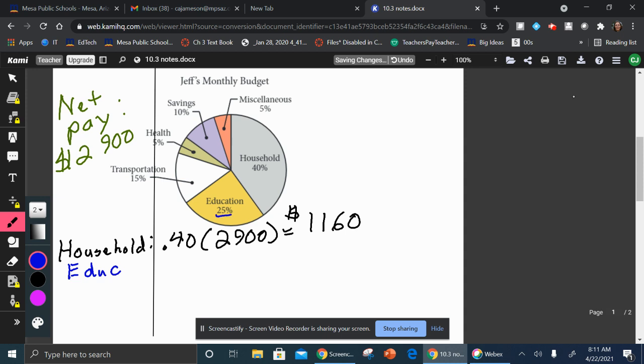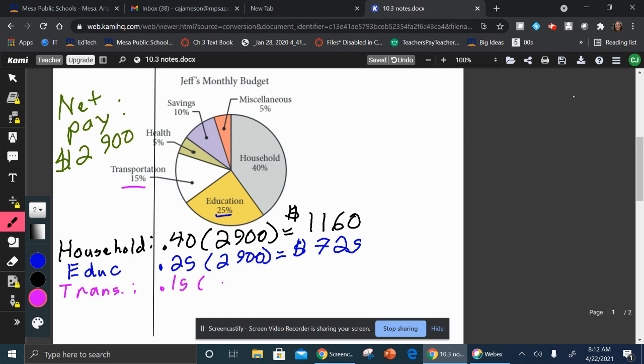And then we have education. Education is 25%, so 25% as a decimal times the total, 2,900, is going to be 725. And then transportation is 15% times 2,900, and that's going to give us $434.